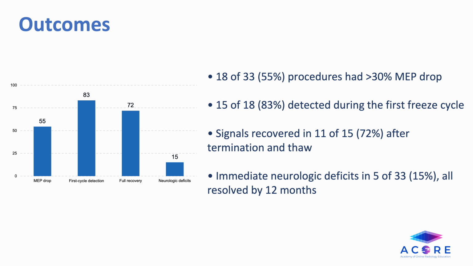And when signals recovered, additional truncated freeze cycles were attempted, achieving a full treatment in many procedures. Importantly, only 15% of all procedures resulted in immediate neurologic deficits, and all patients fully recovered by 12 months.